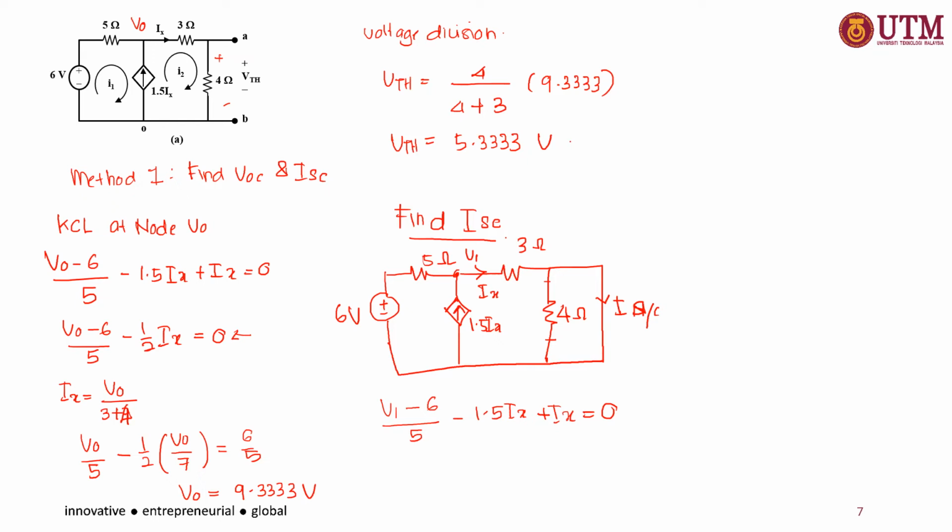Then you will get your V1 minus 1 over 2 Ix equal to 6 over 5. So from here, you can see that your Ix is equal to V1 divided by 3.